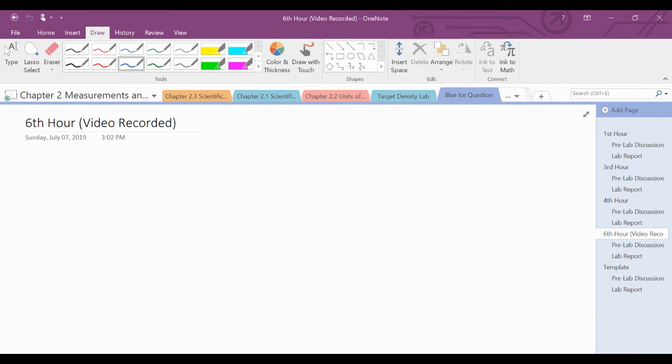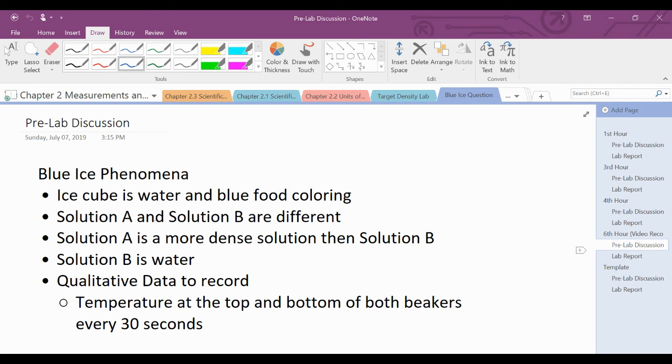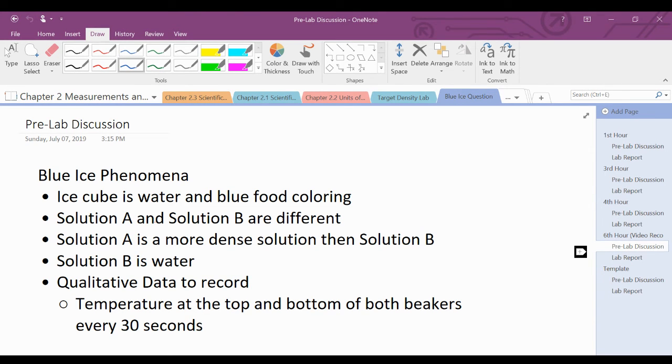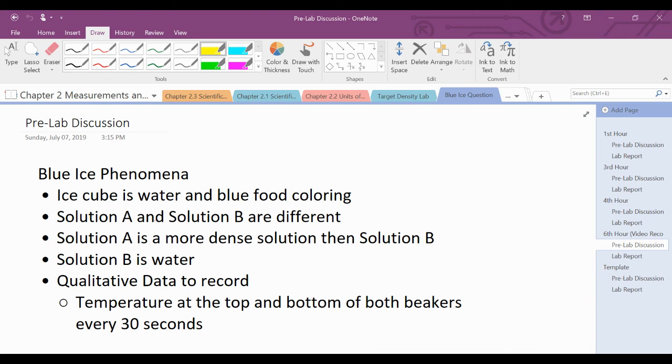And so if we go to the Blue Ice question, I just want to go over a few reminders, things that we've already talked about all unit, as far as the Blue Ice phenomena. So we know one of the questions on the Wonder Wall is that the ice cube is water. It's not a trick ice cube. It's water with blue food coloring.